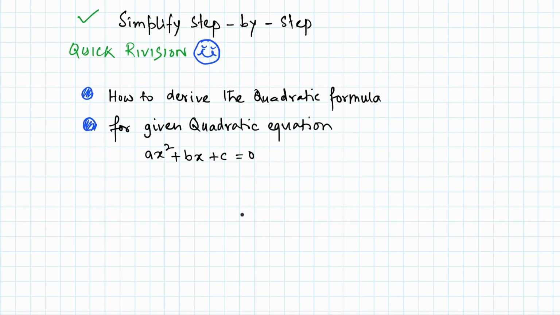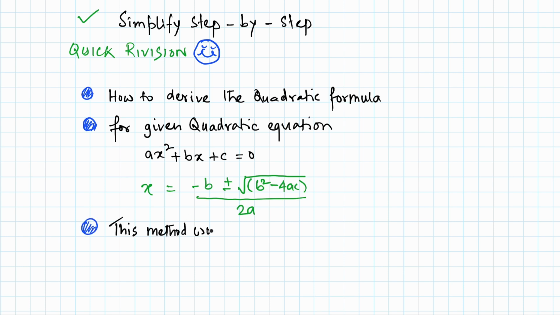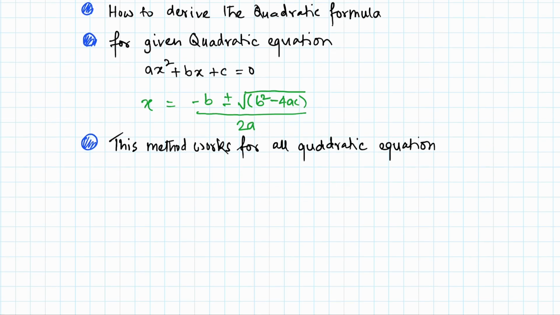For a given quadratic equation ax² + bx + c, x is given by x equals (−b plus or minus root over of b² − 4ac) by 2a, where a, b and c are all the constants of the quadratic equation. This method works for all quadratic equations. So if you want to solve any kind of quadratic equation, you can use this formula easily.